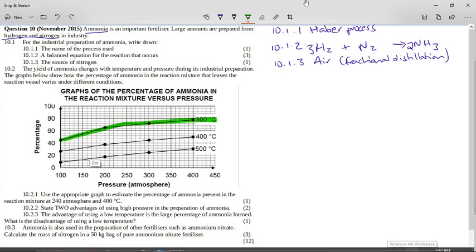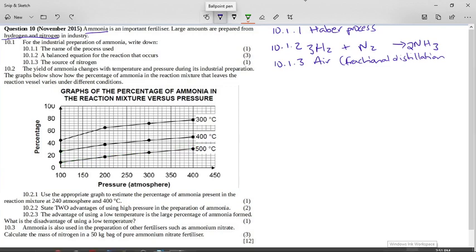On the next graph at 400 degrees, which is hotter, you start off with a lower yield and remain at a lower yield for all of the pressures. At 500 degrees, the yield is even lower. My yield at 400 atmospheres is only 20%, which is less than it is at 100 atmospheres with 300 degrees.